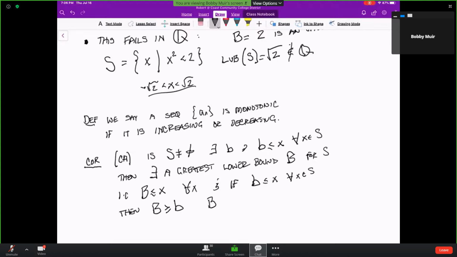So we call this B the greatest lower bound of S.